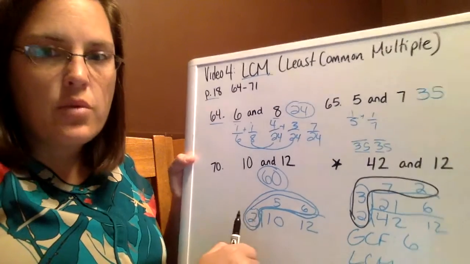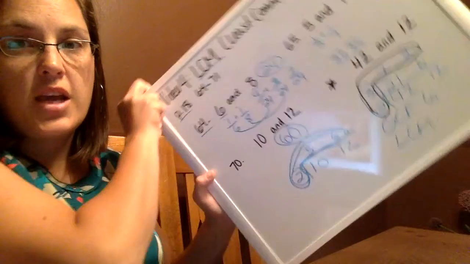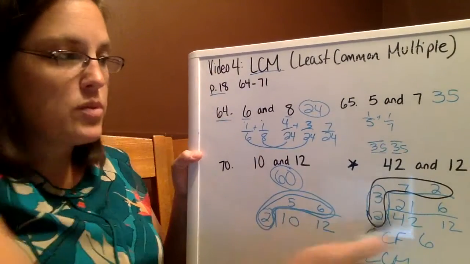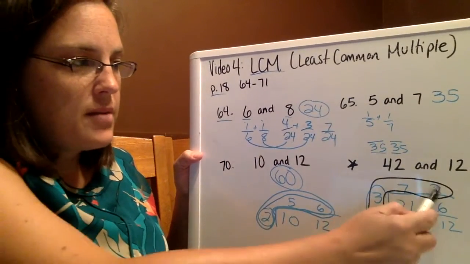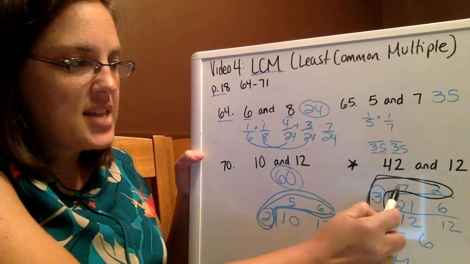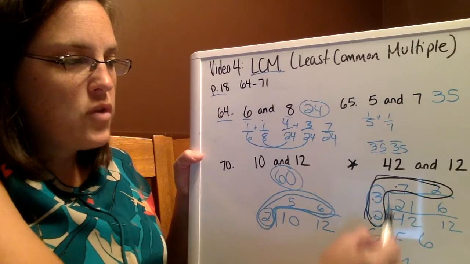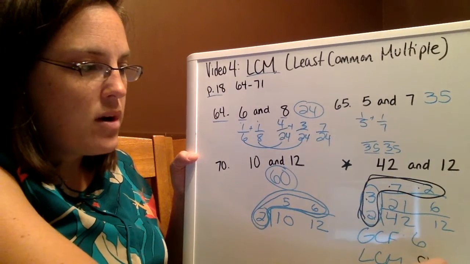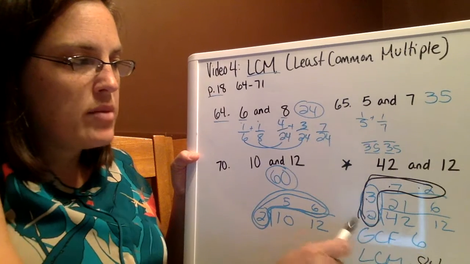And if you turn the board, you actually see it in an L shape. So that makes maybe a connection to least common multiple for the L right there. So you take 2 times 3, which is 6, 6 times 7, which is 42, 42 times 2, which is 84. 84 is the least common multiple.